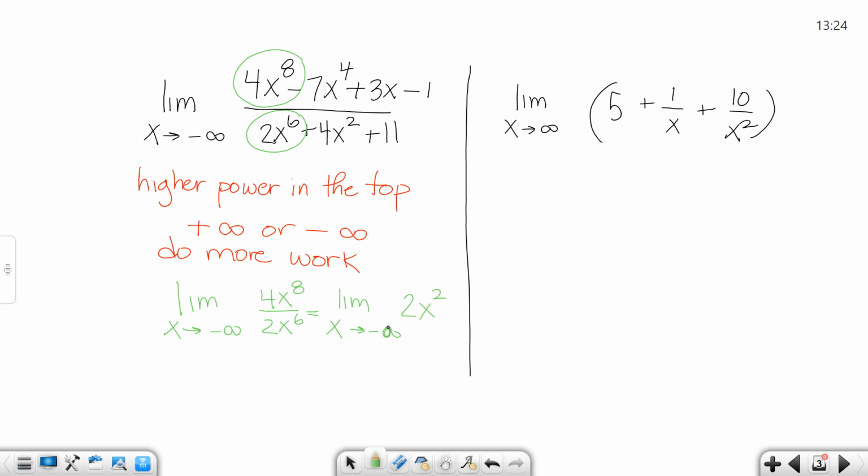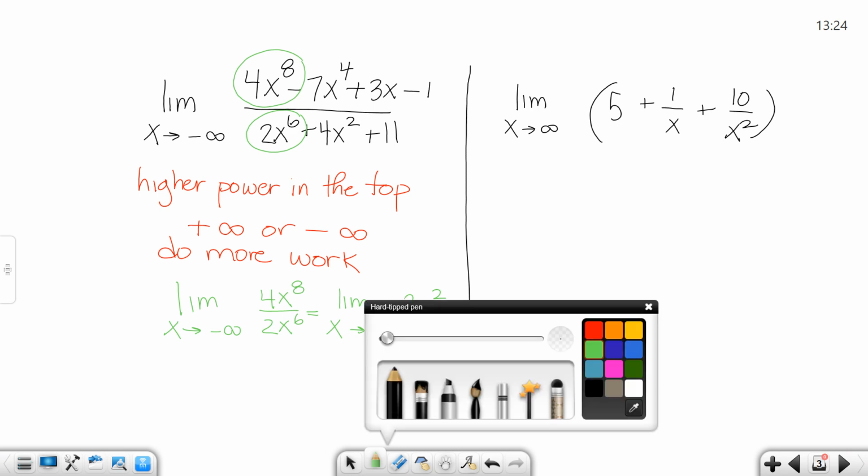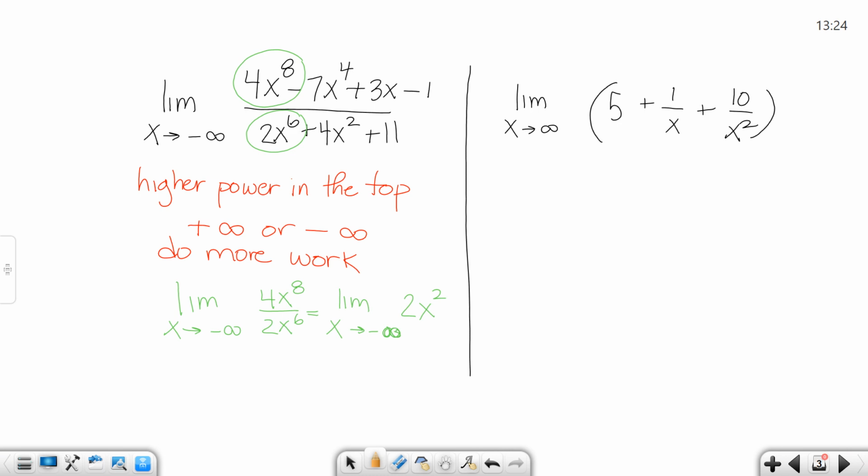Now once I get there, I have to decide, is this value going to negative infinity or positive infinity? Since it's going to negative infinity, I need to plug in a negative number and look at the sign.